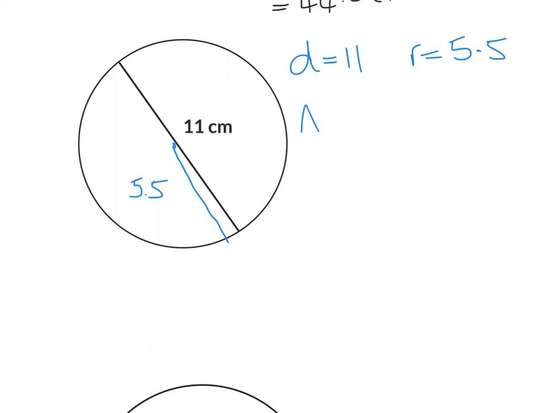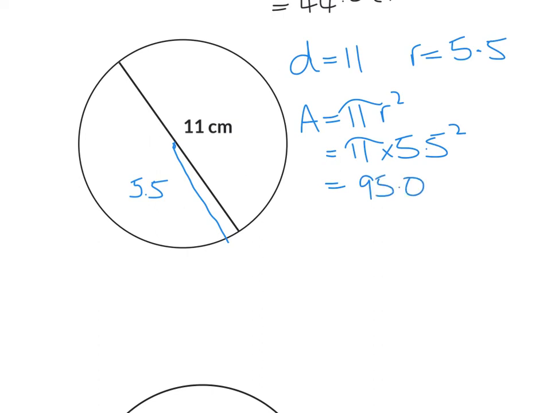A equals pi r squared, which is pi times 5.5 squared. Just stick that in the calculator. That gives 95.03, so just 95.0 centimeters squared. I need to have the 0.0 to show that it's been rounded to one decimal place.